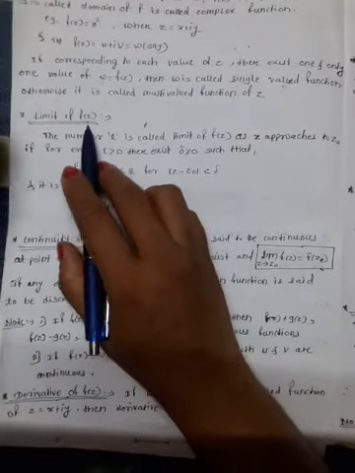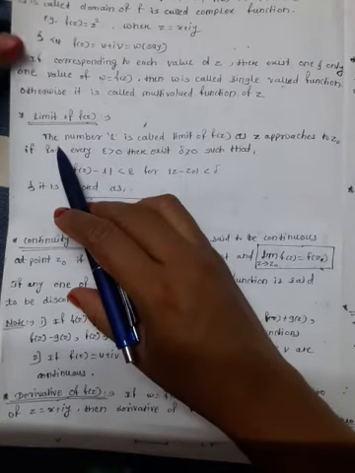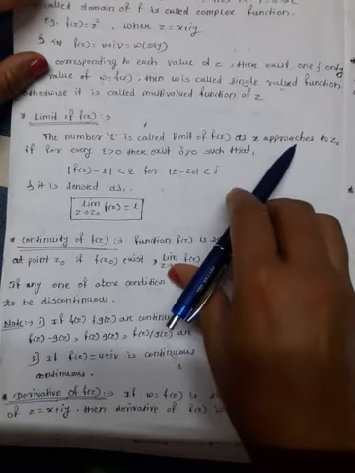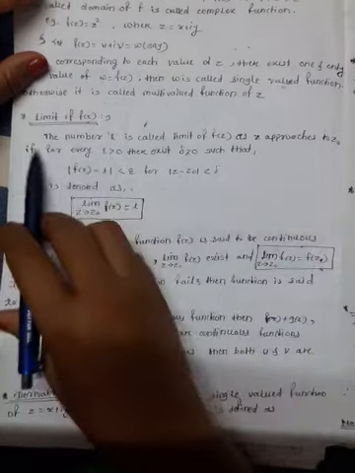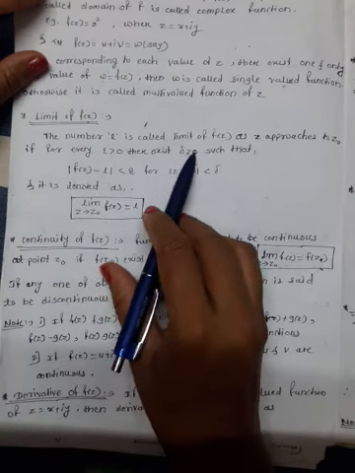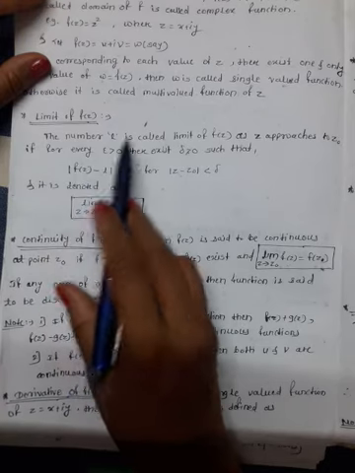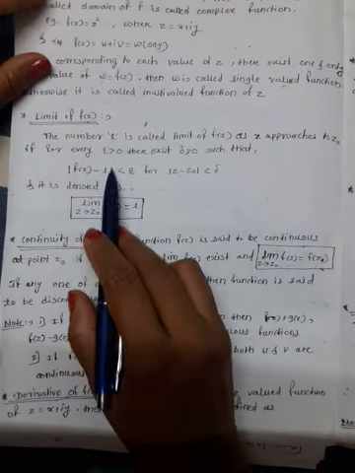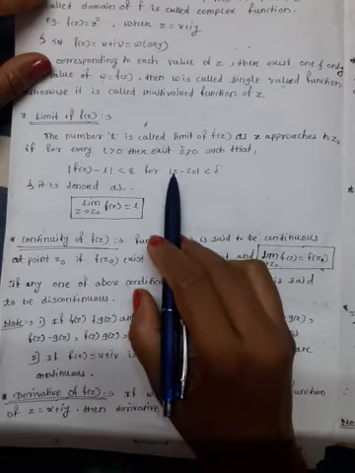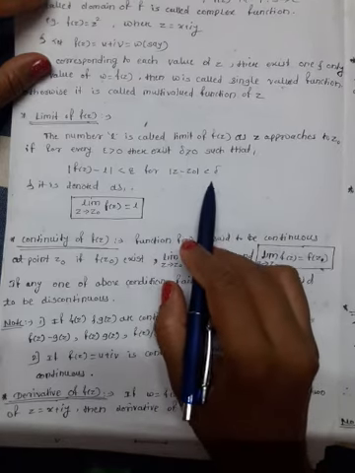Now, limit of f of z. We have to find the limit of function f of z. The number L is called the limit of f of z as z approaches z naught if for every epsilon greater than 0 there exists delta greater than 0 such that modulus of f of z minus L is less than epsilon, for every mod of z minus z naught, the difference between these two points, less than delta.